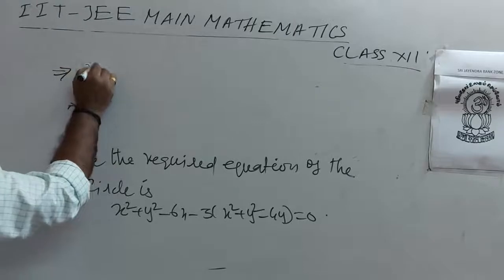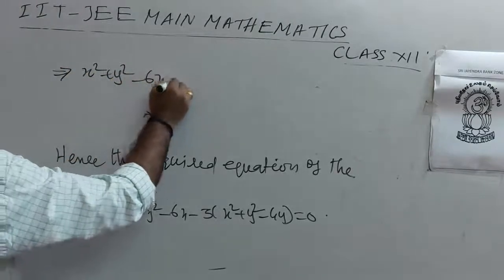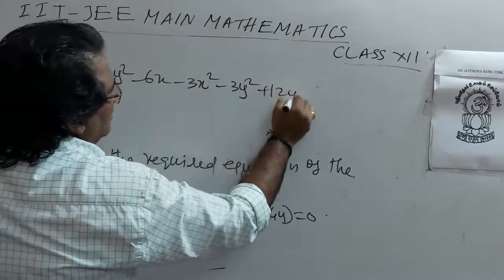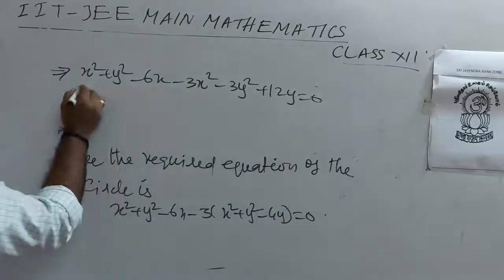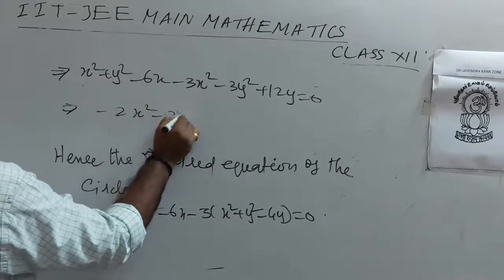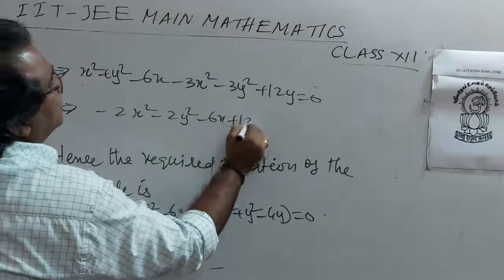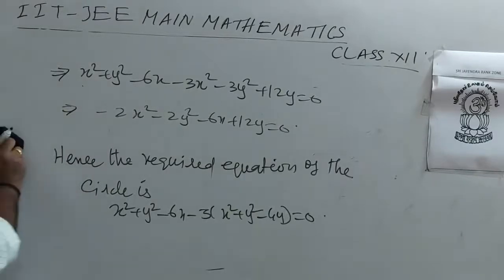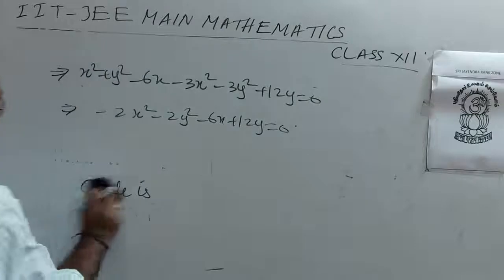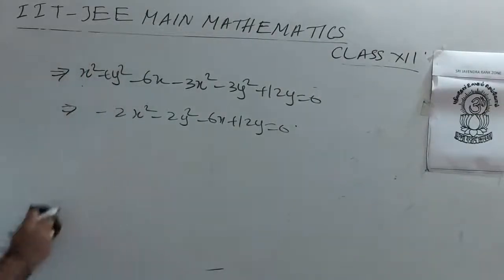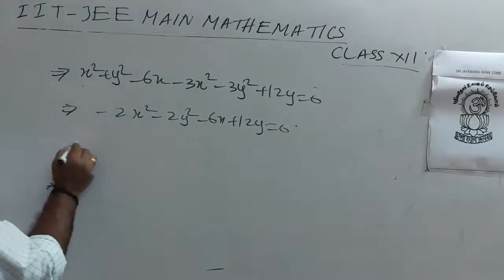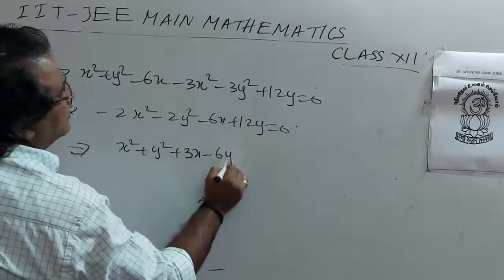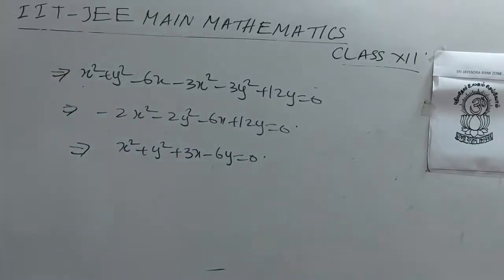So x squared plus y squared minus 6x minus 3x squared minus 3y squared plus 12y equals 0, that is minus 2x squared minus 2y squared minus 6x plus 12y equal to 0. Divided by minus 2, x squared plus y squared plus 3x minus 6y equal to 0.